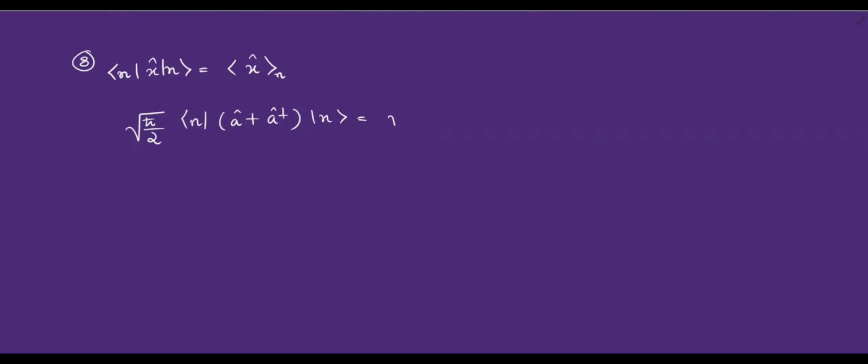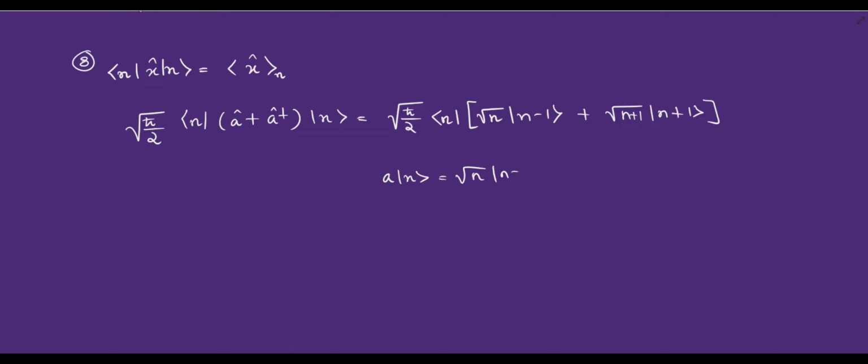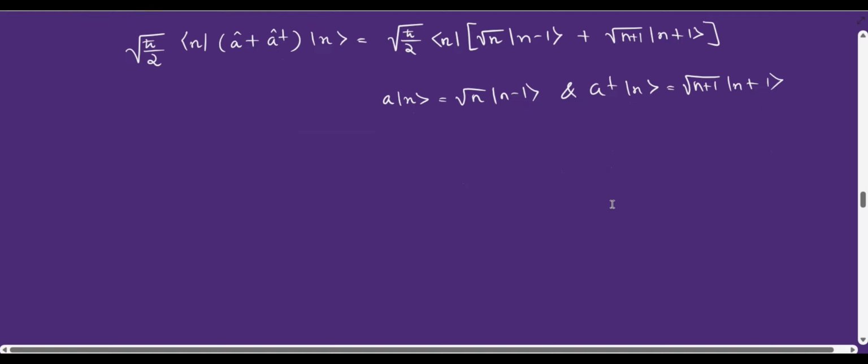And this is what you get: root of n into n minus 1 plus root of n plus 1 into n plus 1. We take note that a acting on n is equal to root of n into n minus 1, and a dagger acting on n is equal to root of n plus 1 into n plus 1. So that is what we have used here.